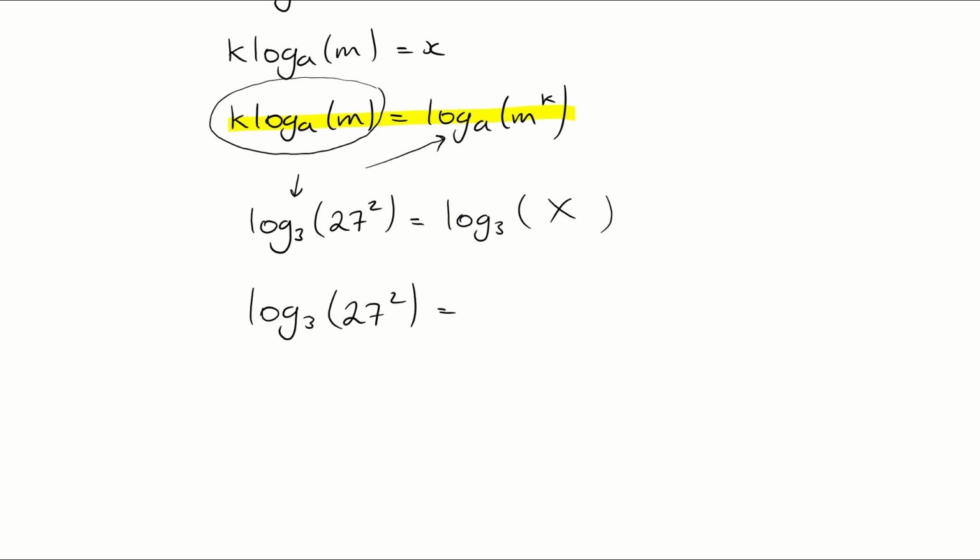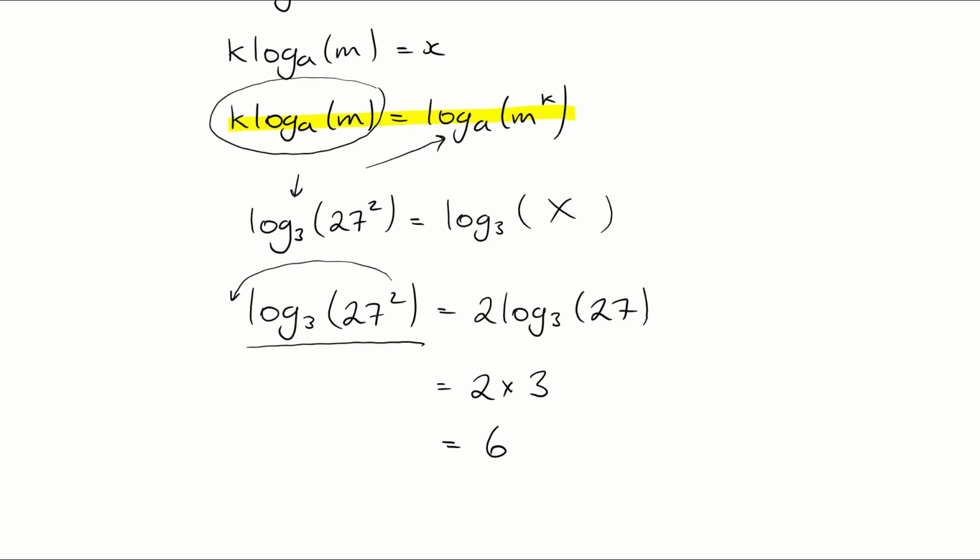I just bring my power out the front, and I end up with 2 times log to the base 3 of 27. And well, we know that log to the base 3 of 27, what do I need to put 3 to the power of to get 27? And the answer there is 3. So we just get 2 times 3, which is 6. So log to the base 3 of 27 squared is just equal to 6.